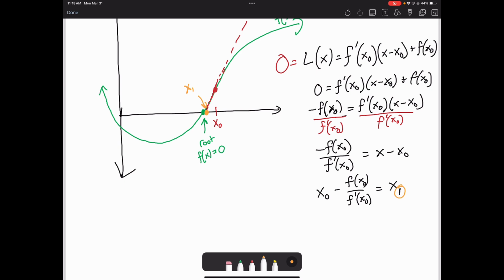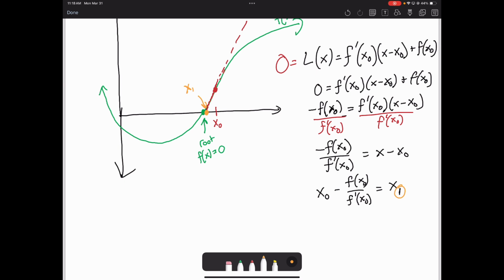So, if I want to get this more accurate, now what do I do? I'm going to do the same exact thing. I'm going to make a linear approximation, but now instead of being centered at x sub 0, I'm going to center it at x sub 1. And the closer and closer I get to my real root, the more accurate that linear approximation is.